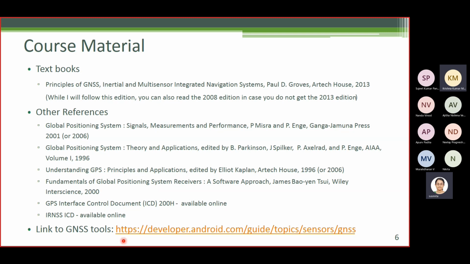There they have given a list of phones which can log raw measurements. If you do not find your phone there, you can install that app. Installation of the app on the phone is quite easy. So you can install that app on your phone, and then once you open the app, on the bottom left or right, you will get to know the hardware year of your phone.